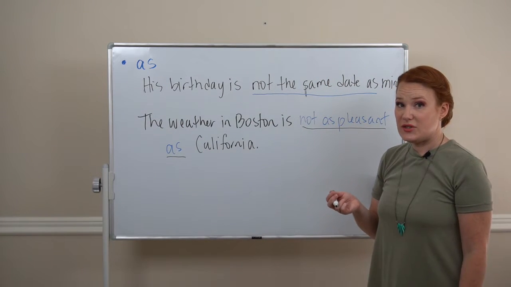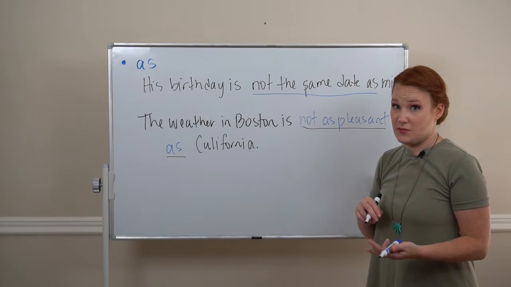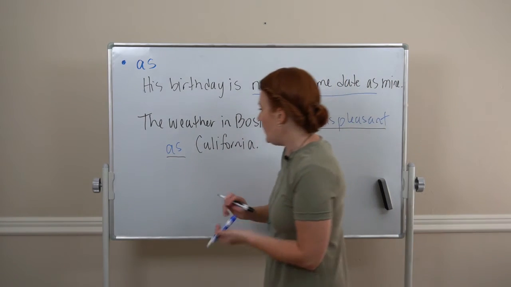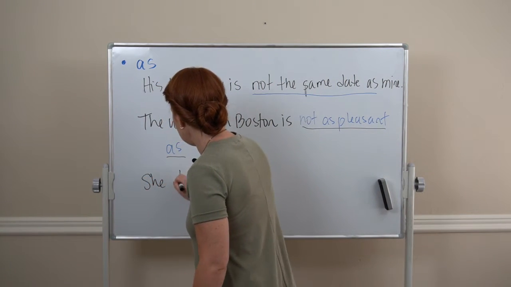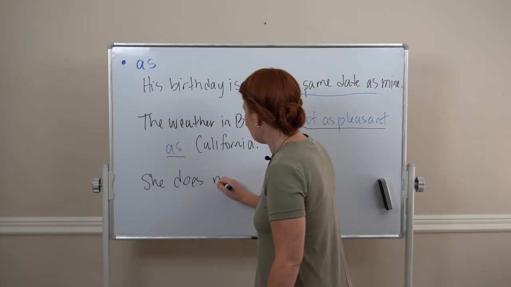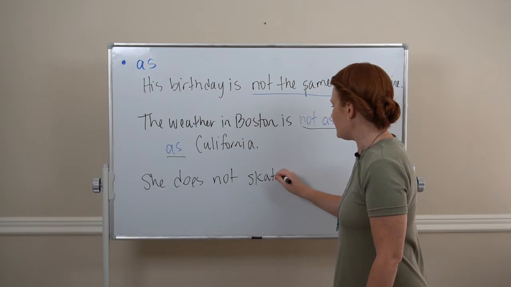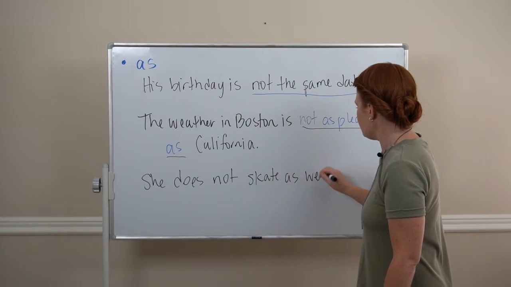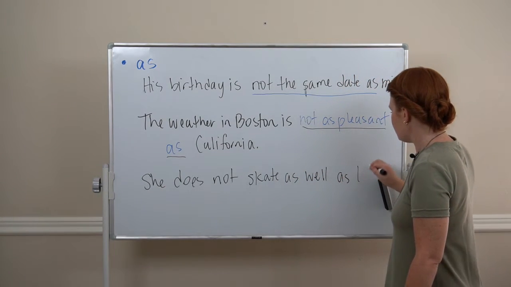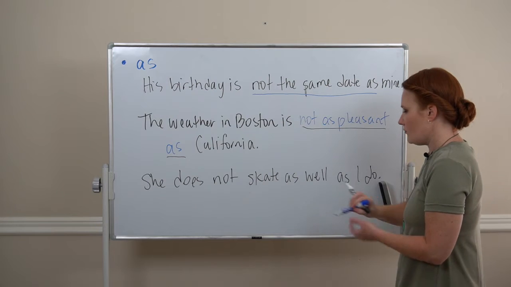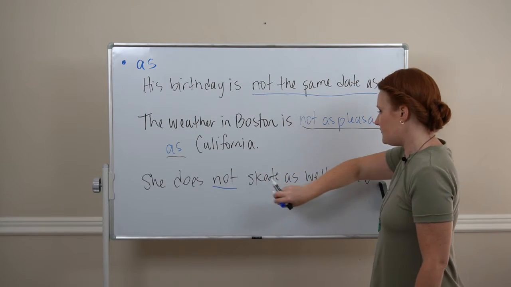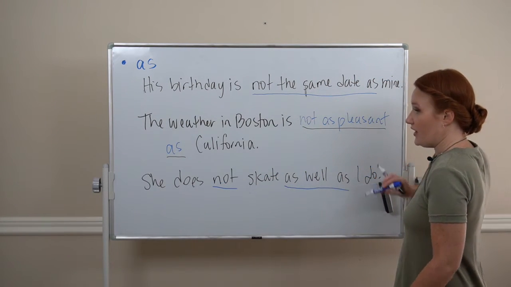Or with an adverb, we'll just do a negative verb with that adverb. I can say she does not skate as well as I do. So we've got that negative verb and then that same as well as.